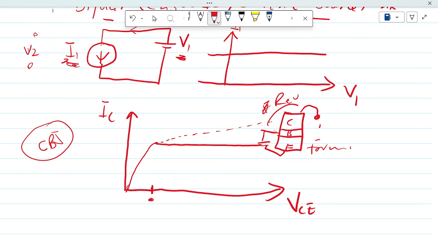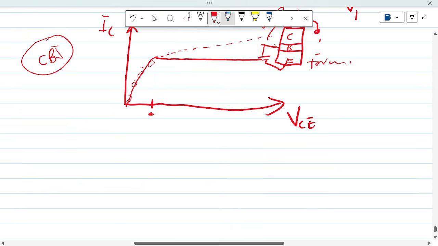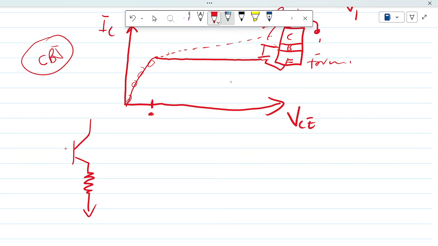Okay, so this is what we are getting. So how do we improve upon this? We can add degeneration to the emitter, and that increases the output impedance.